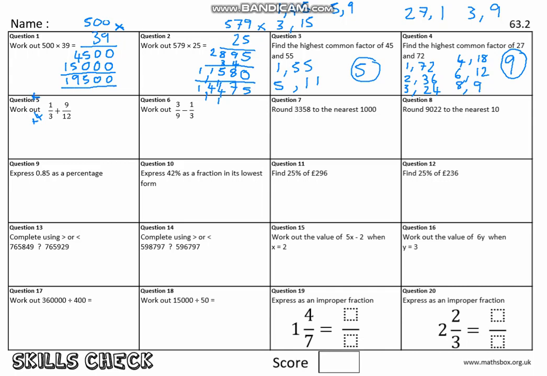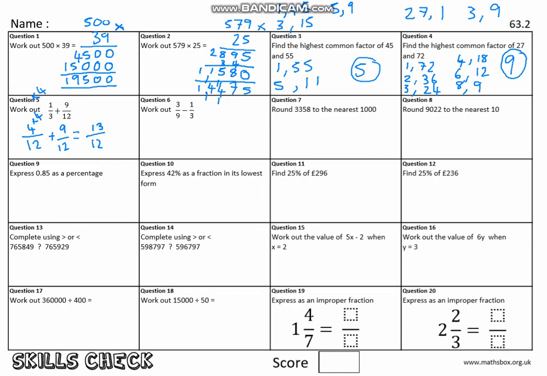And as long as we do that to both the top and the bottom, we'll have both of them out of 12. So 4 times 3 is 12, so we can put that on the bottom, and 4 times 1 is 4. Then we can just add our 9/12ths, and we'll have our answer, because we just have to add the numerators. So 9 plus 4 is 13 over 12.